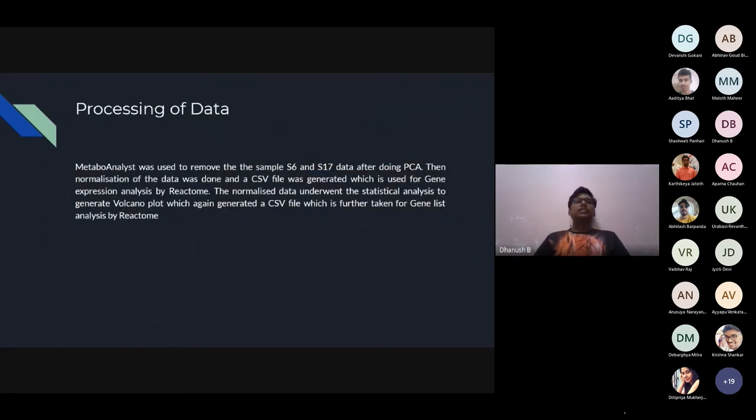For further processing, the normalized data after removal of S6 and S17 was generated as a CSV file, which is taken for gene expression analysis by Reactome, and the volcano plot data containing significantly upregulated and downregulated proteins was taken for gene list analysis by Reactome.